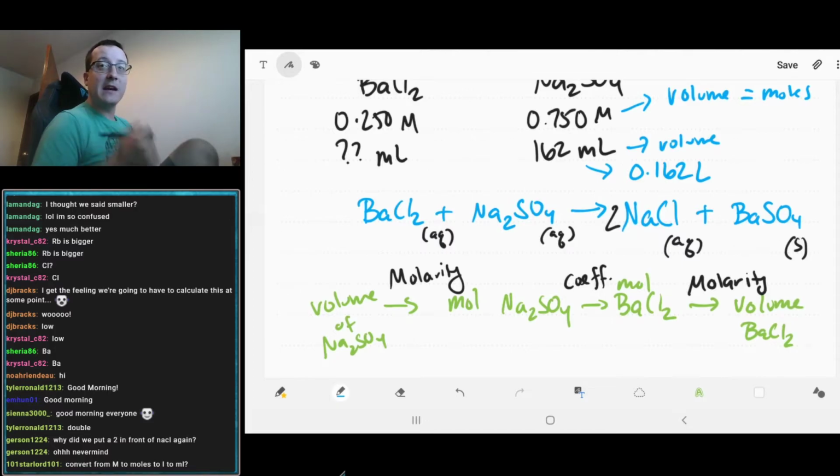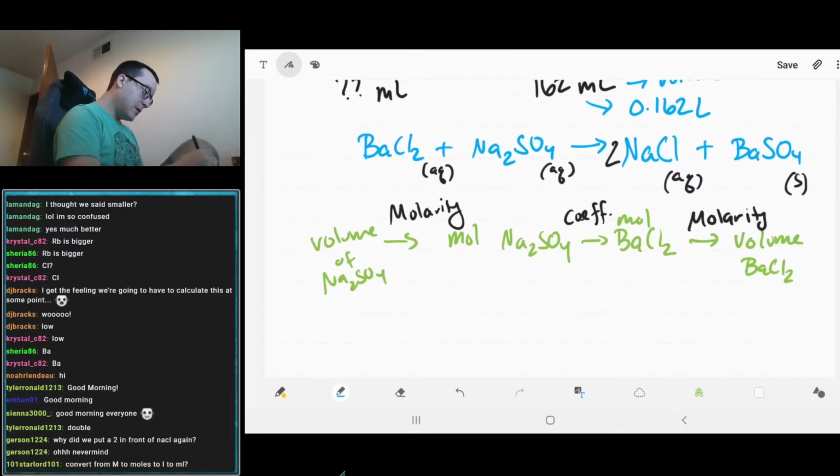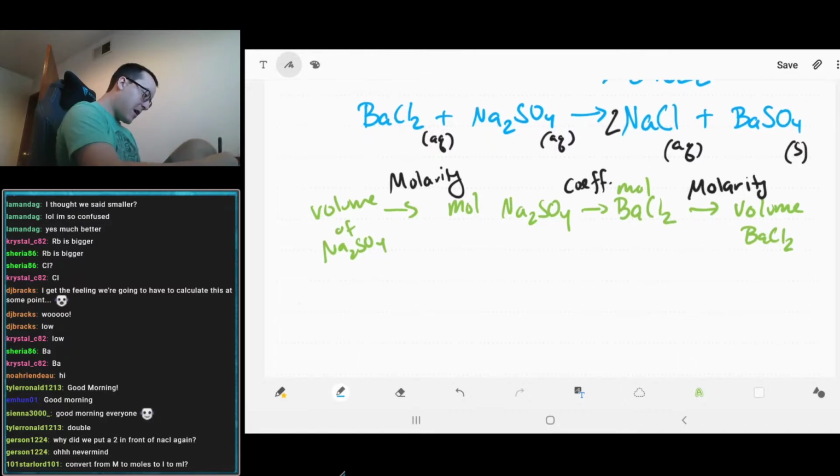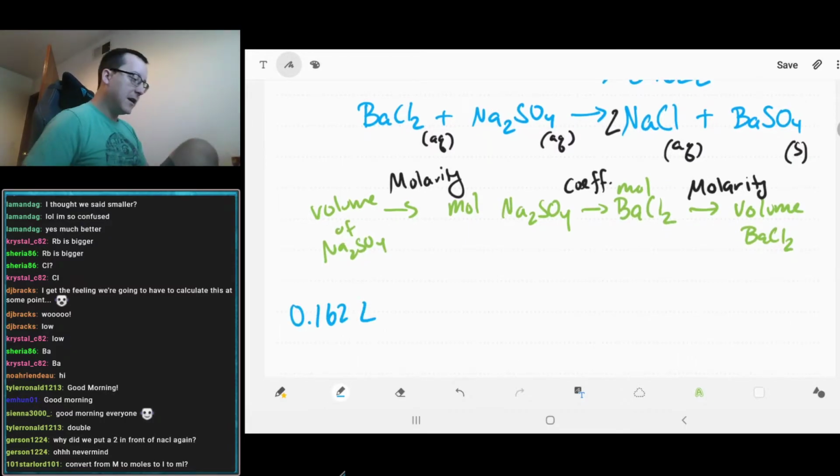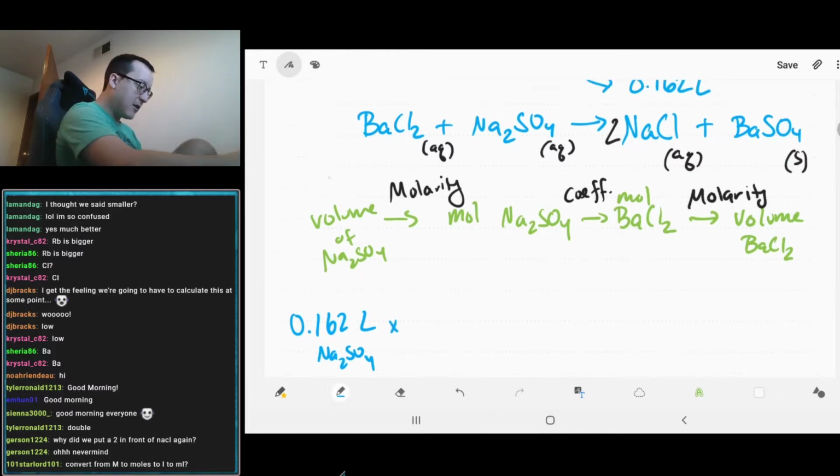It's just times 10 to the minus 3, so that's all we have to do there. So, let's go ahead and go through it. So, we have 0.162 liters of sodium sulfate. We see that's what we're starting with. That's our volume.